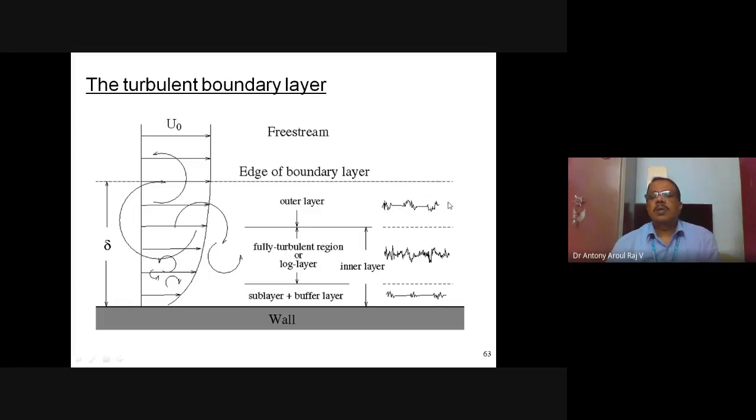But why is the turbulent fluctuation smaller near the wall? It is because of the viscous effect. Near the wall, the viscous effects will be higher. That means the shear stress will be maximum. Because of that, it tries to dampen the turbulence. So you are seeing the original signal here, and here you are seeing a dampened signal.